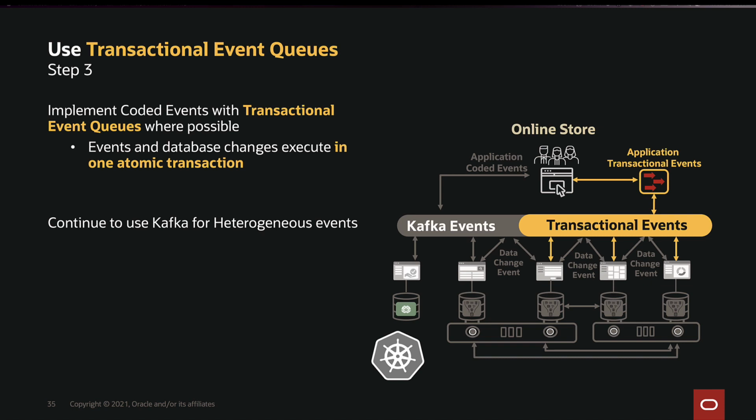Because it is a part of the database, it can conduct data change being made and conduct communication of that data change event in the same local transaction and provide the atomicity guarantee. This is not something that can be done between Kafka and any other database. In this model, we will continue to use Kafka for heterogeneous events.